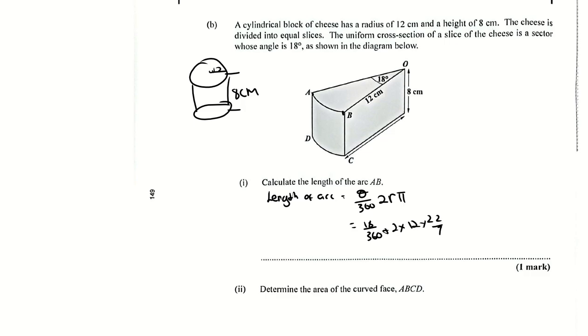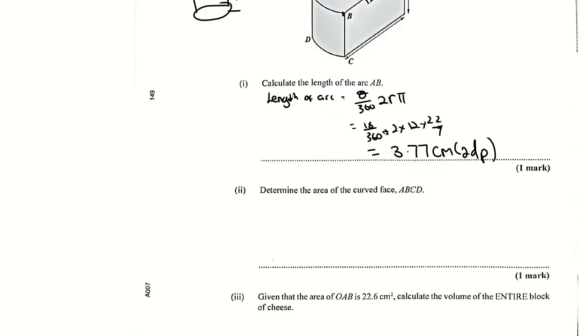You put this exactly in your calculator: 18 over 360 multiplied by 2 multiplied by 12 multiplied by 22 over 7, which gives you 3.77 centimeters to 2 decimal places, and that would be your answer for part 1.